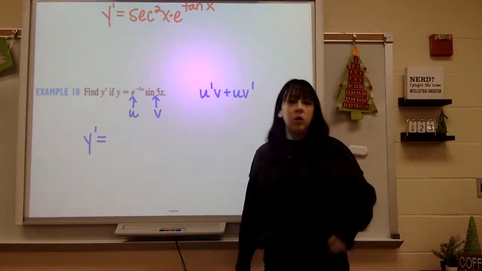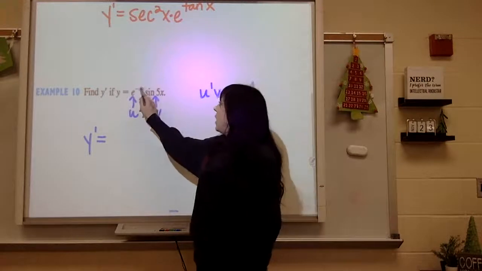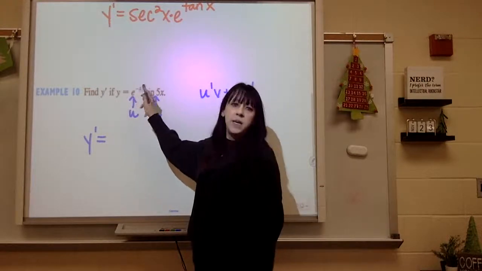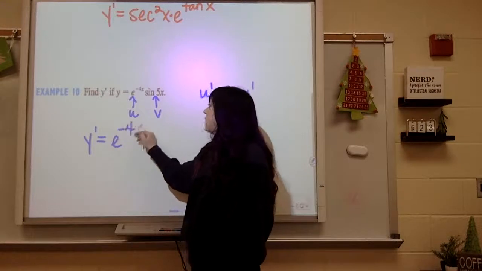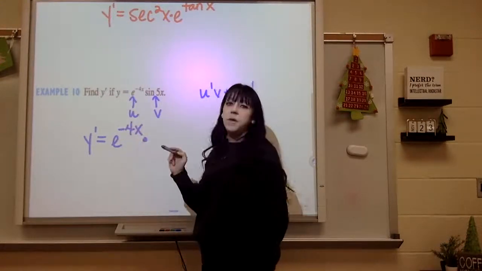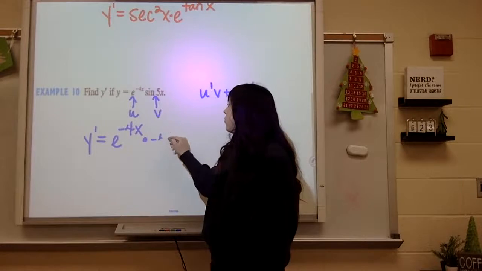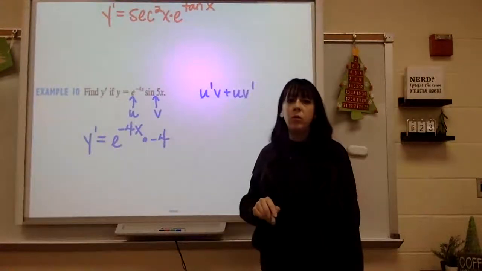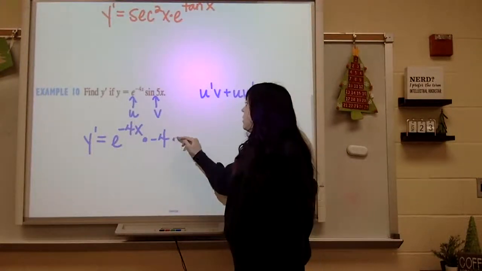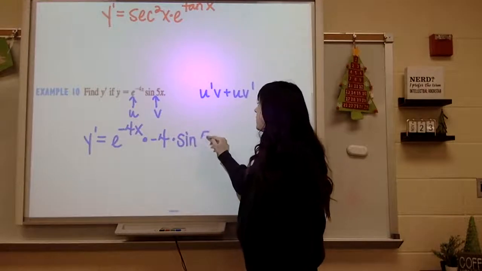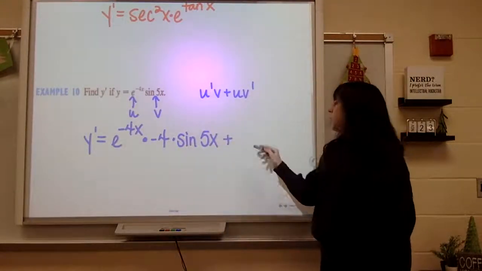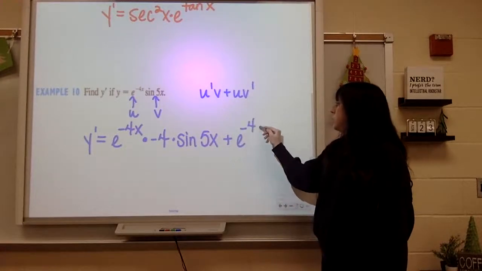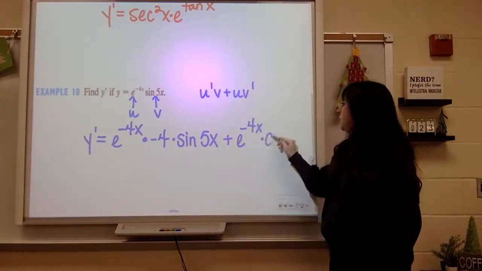Okay, when we get to the first part, u prime means the derivative of e to the negative 4x. So that would be e to the negative 4x times the derivative of baby, which is negative 4. So that's all u prime times v, plus u times v prime.